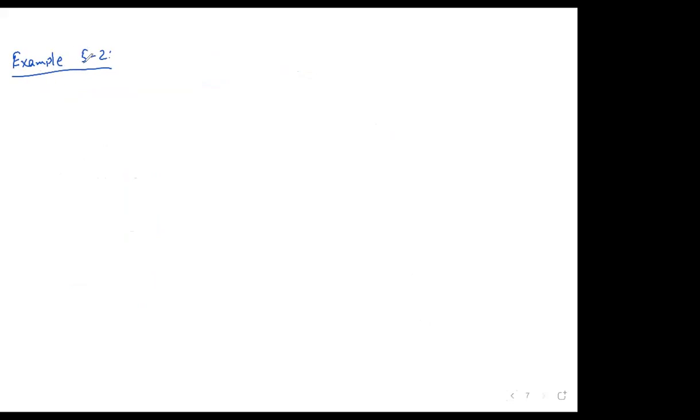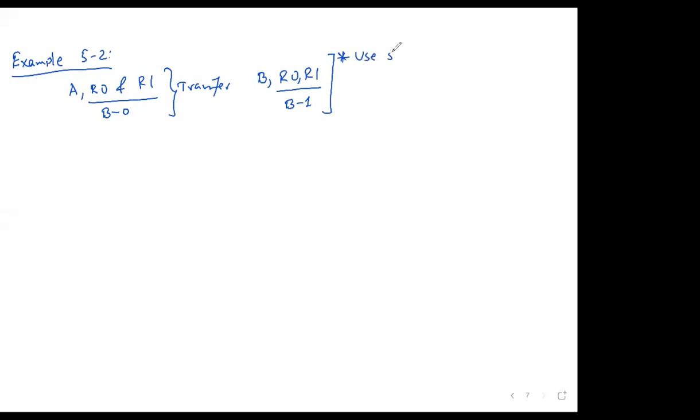I'm writing it short. It says that you have got some data in registers A, R0 and R1 of bank 0. You need to transfer this data to register B, R0 and R1 of bank 1, and there is a small condition given, that is you have to use stack operation.